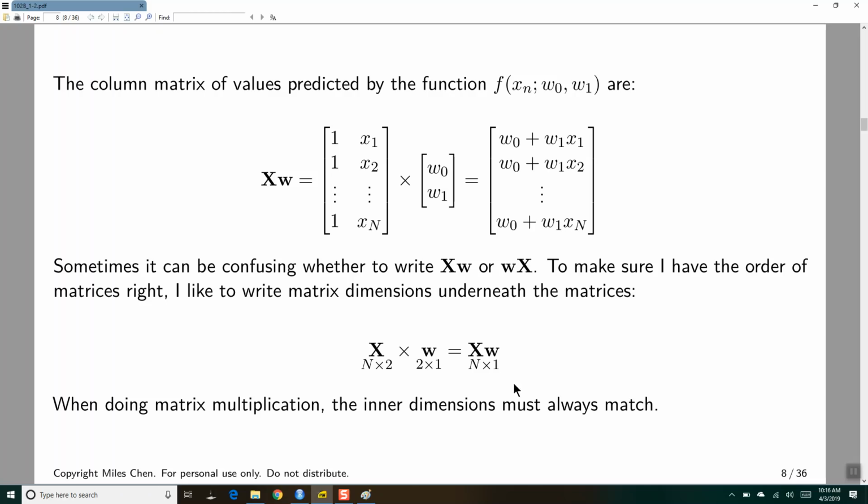In my notes, I like to write the dimensions underneath, and it's a bit of a pain to get the dimensions underneath in LaTeX, but it's here. And so I'll do this for a lot of these operations. All right, so that's just the key. If for whatever reason you do it the other way, W times X, it'll be 2 by 1 times n by 2, and then you'll see that the 1 and the n don't line up, and you'll have a mismatch problem.